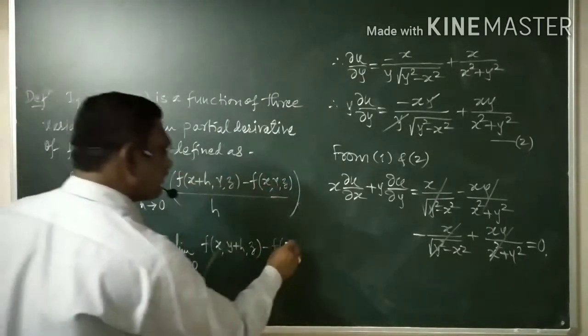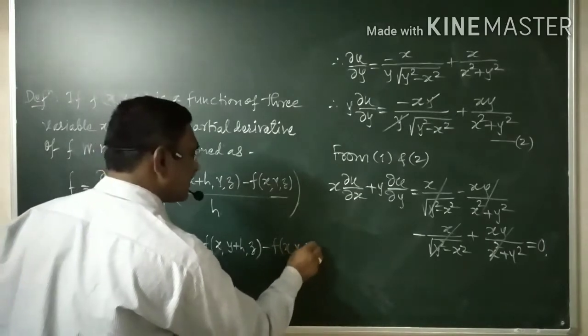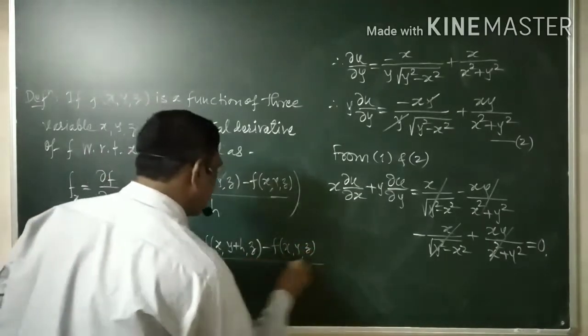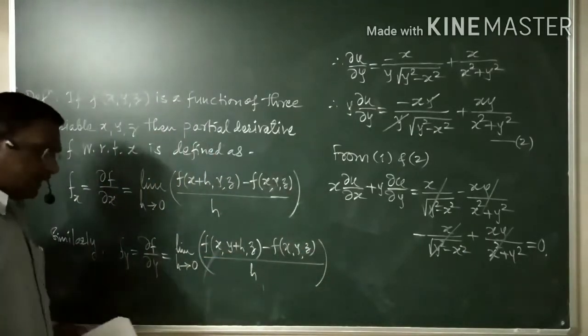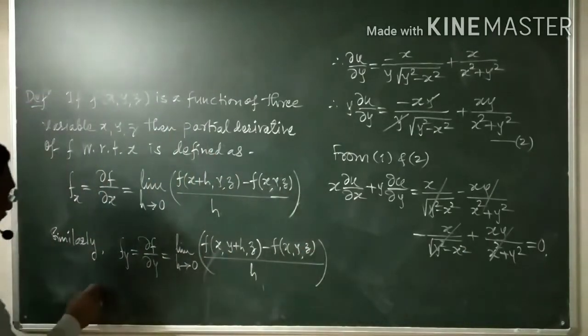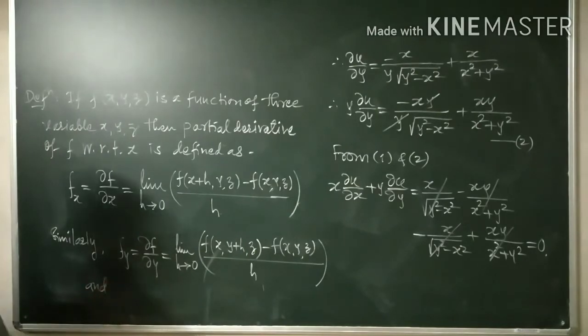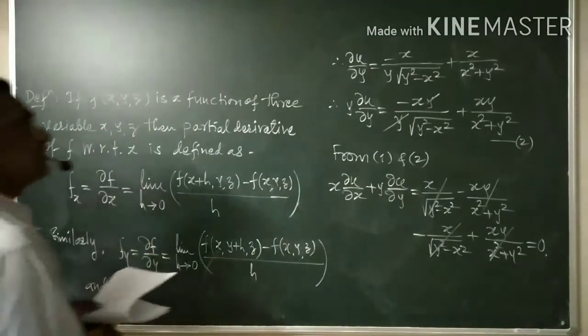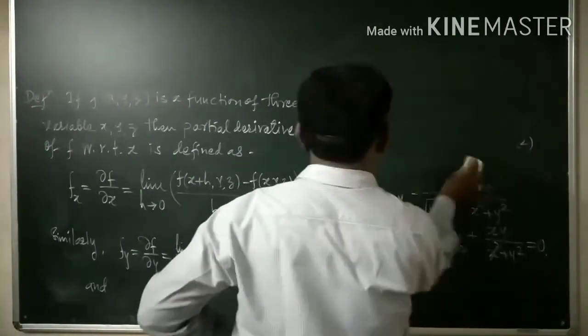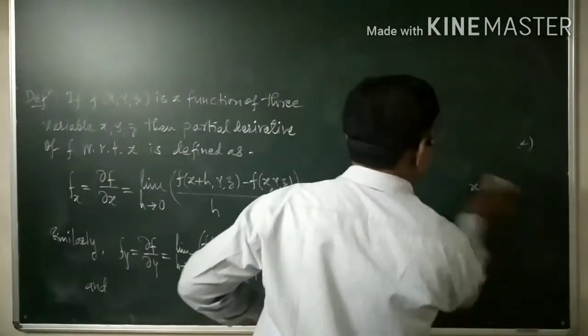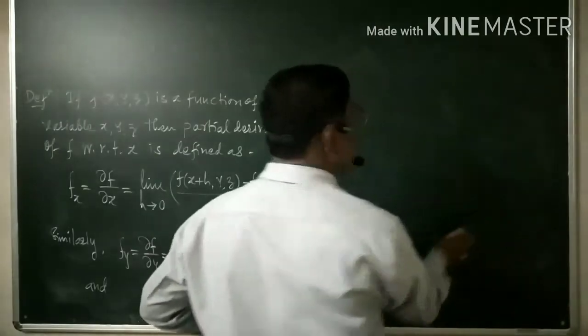Now similarly here, f of x comma y comma z divided by h. Again there is change in y, and let me write it here as fy.